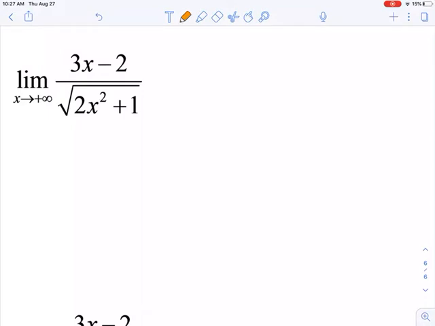Here we go, last type of example. We're going to look at towards infinity, and then towards negative infinity to see how it would be different. So this is a rational graph towards infinity.